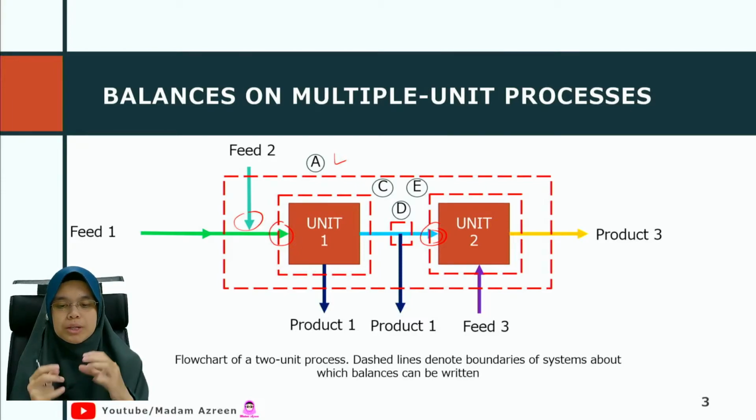So here also you have to do a boundary condition. Same goes when you have a mixing between feed 1 and feed 2. They mix here, so here is another boundary condition. This is slightly different from your single unit, because there you solve directly at that block.